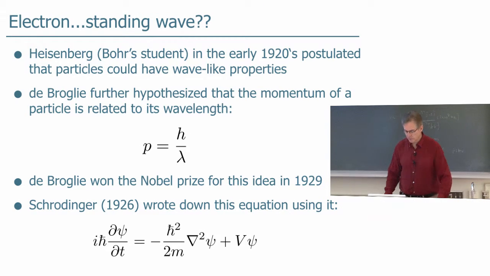So we have this de Broglie relationship, p equals h over lambda, but it gives us a very different wavelength for an electron with kinetic energy 100 electron volts, or a photon with energy 100 electron volts.